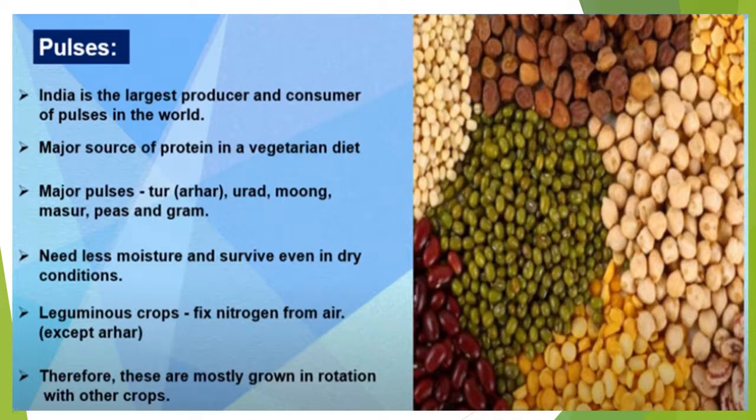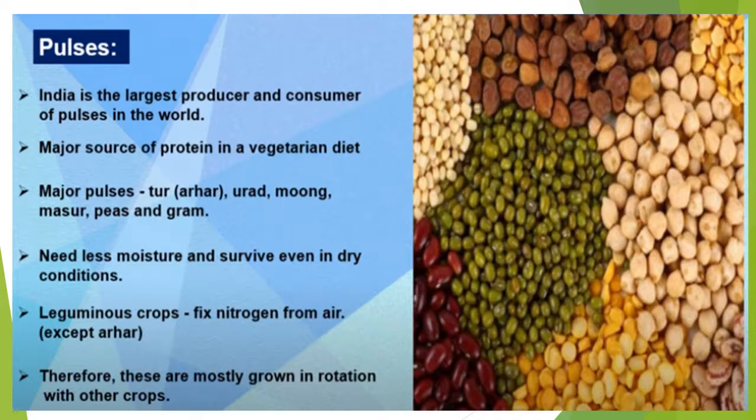Children, you need to find out which crops are grown in kharif and which crops are grown in rabi. Pulses need less moisture and survive even in dry conditions. Being leguminous crops, all these crops except arhar help in restoring soil fertility by fixing nitrogen from the air.